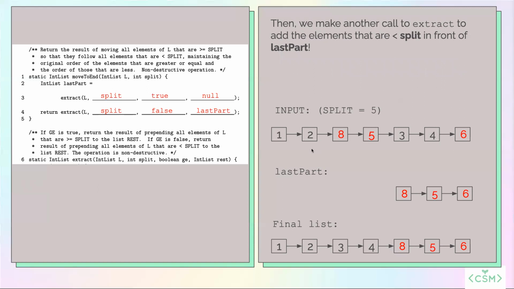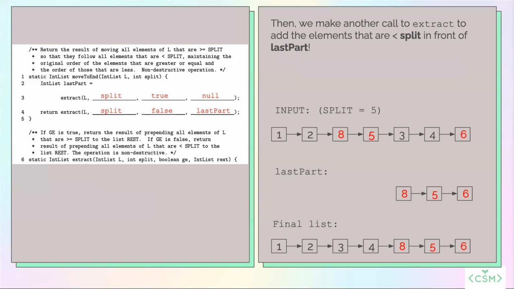The way that we fill this in is as follows. Just imagine lastPart. We want to extract the elements that are greater or equal to split and separate them. So we do this by calling extract on L, and then we supply split, except our GE is true because we want to take the elements that are greater or equal to split.